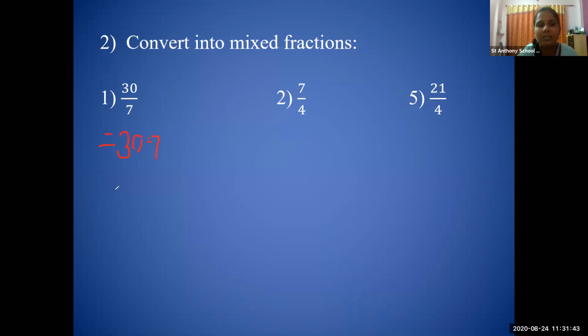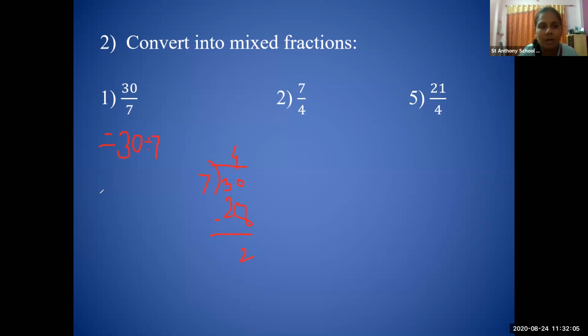Now how will we divide it? 7 4s are 28. When I subtract this 28 from 30, the remainder is 2.